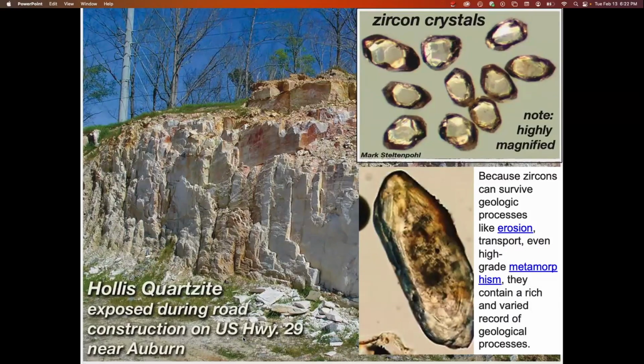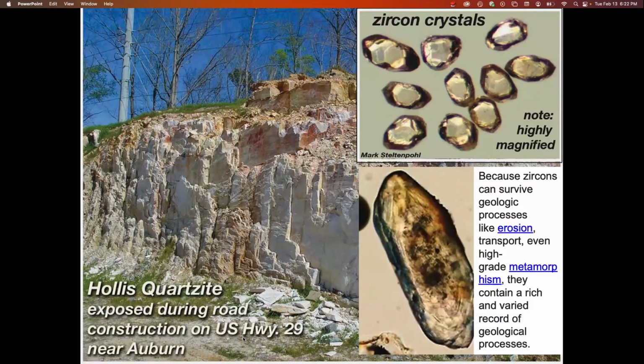Because zircons can survive geologic processes like erosion and transport, flowing down through a river, high-grade metamorphism, like being squashed under a mountain range, for example, they contain a very rich and varied record of geological processes. Zircon weathers away from granite rock as these crystals, which can be carried away, and they're oftentimes part of various rock formations: igneous, sedimentary, metamorphic rock formations.